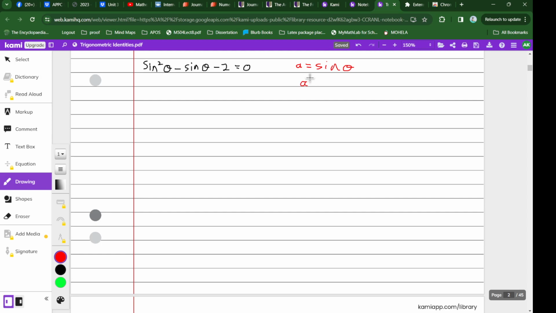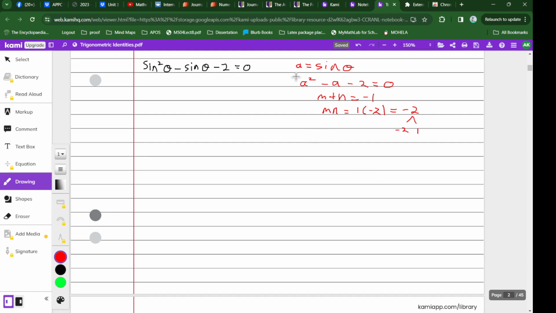This means that I have a squared minus a minus 2 equals 0. I'm looking for 2 numbers that add to give me that negative 1 from my linear term, 2 numbers that multiply to give me 1 times negative 2, which is really just negative 2. And that is going to give me negative 2, positive 1.